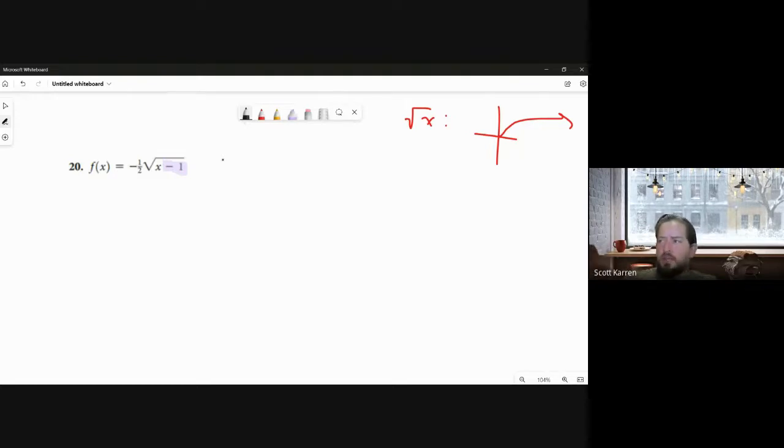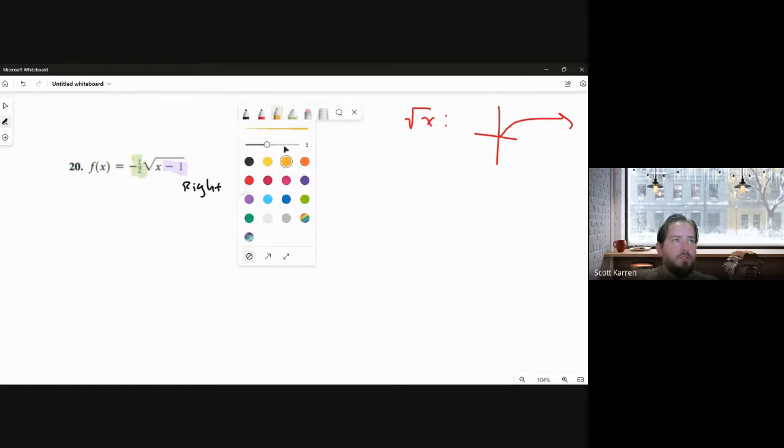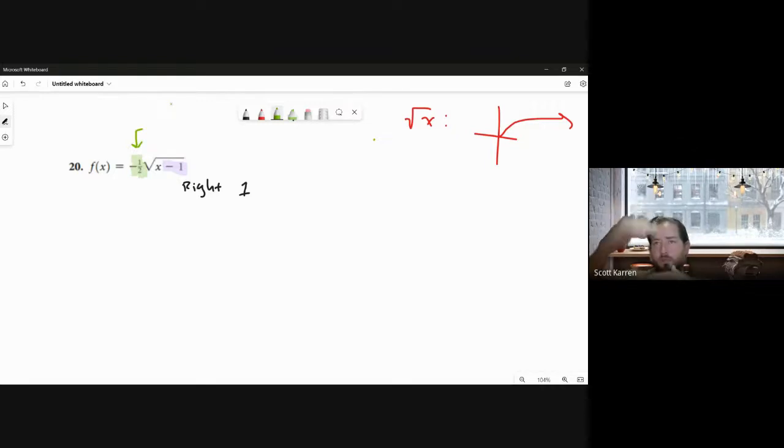Take a second, try to guess, but that is to the right by 1 because it's inside the function itself. And then on the outside is being multiplied by -1/2. And so this is not a shift, but a compression by 1/2.